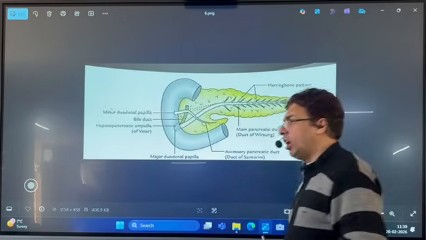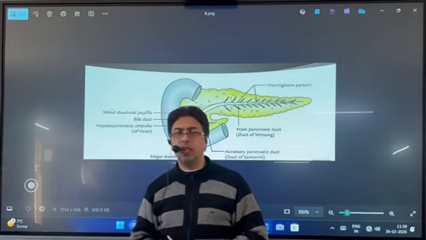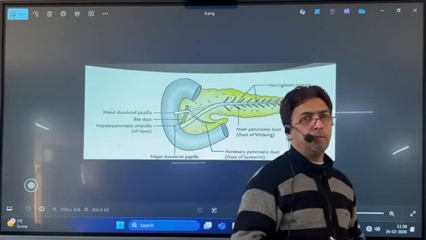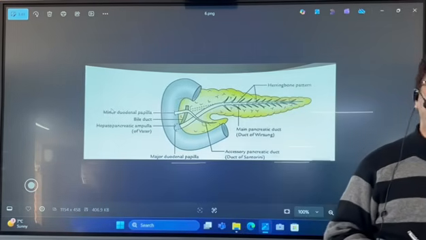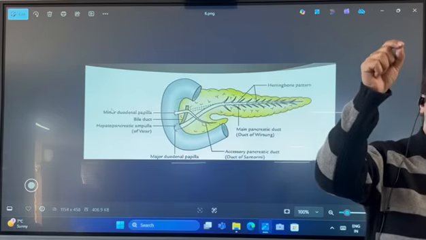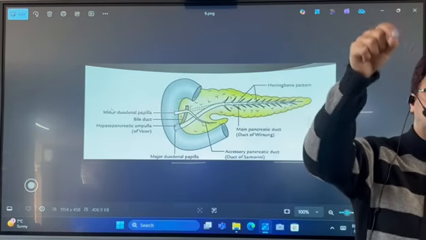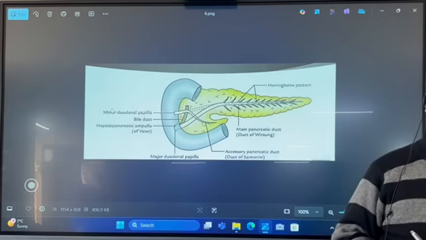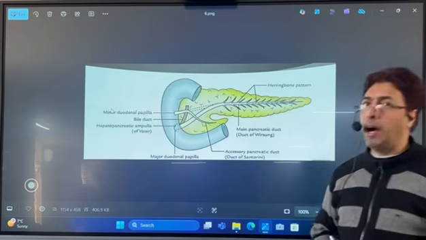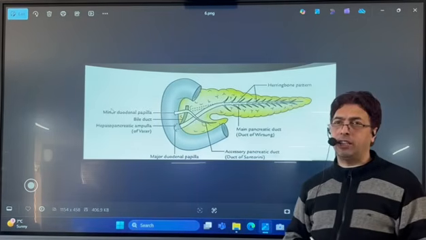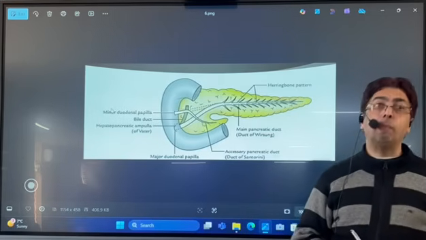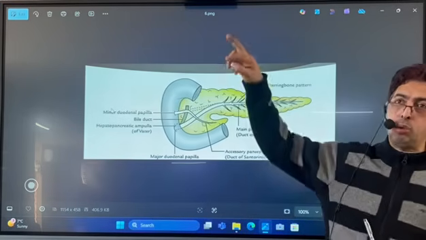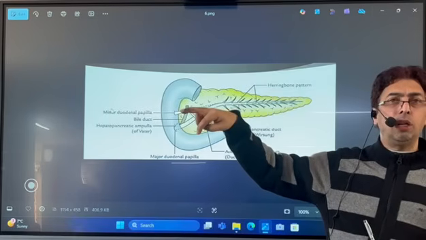Then they drain into the duodenum at the opening, which is given the name major duodenal papilla. Whereas the other accessory pancreatic duct drains into the minor duodenal papilla. These are two separate openings in the duodenum.